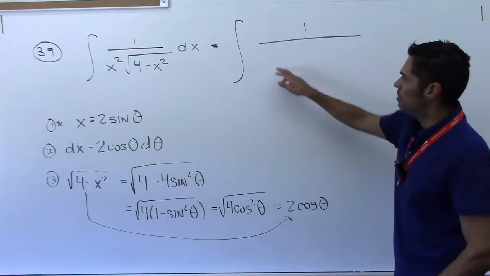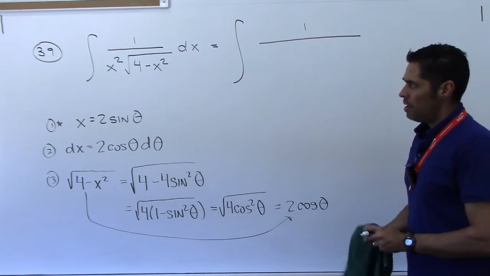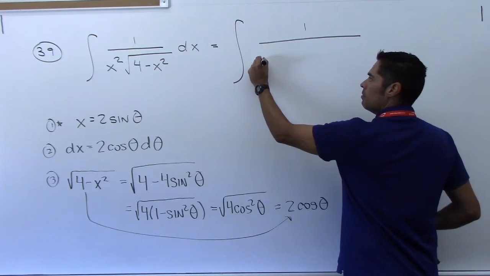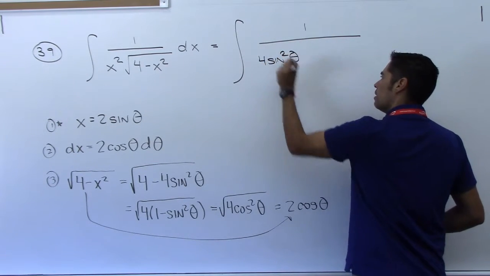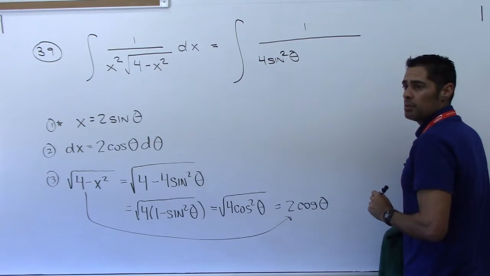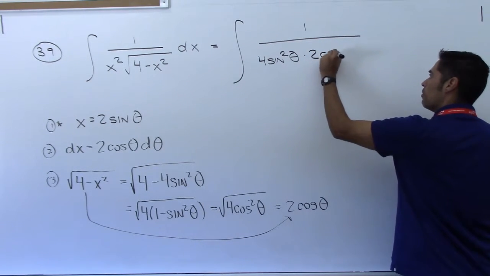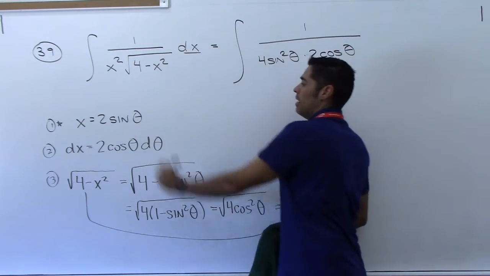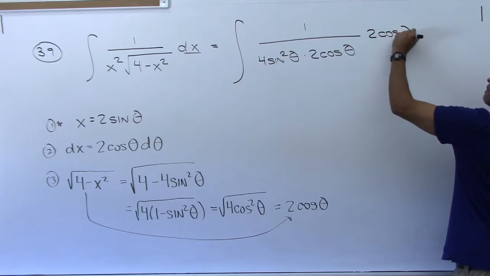So the x squared is actually going to be what instead of 2 sine theta, but then squared? So that's 4 sine squared theta. Good. So that's what x squared is. Times 2 cosine theta, because that's what the root is. And don't ever forget dx, which is 2 cosine theta d theta.